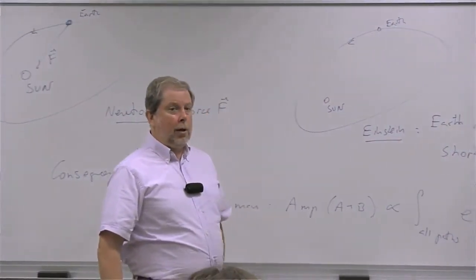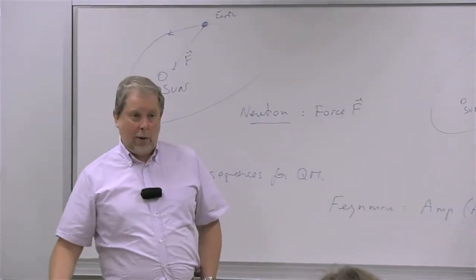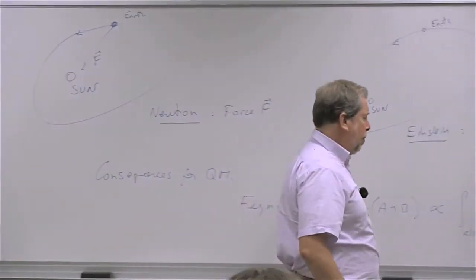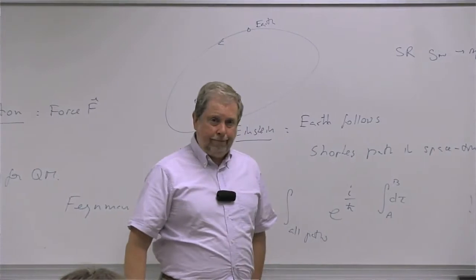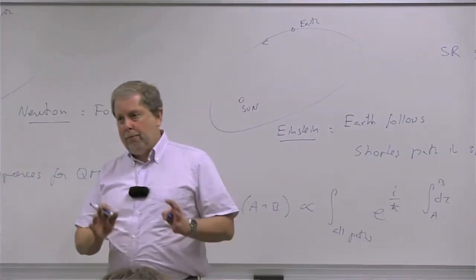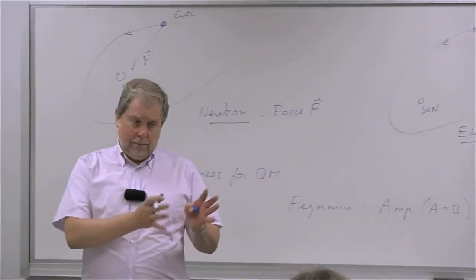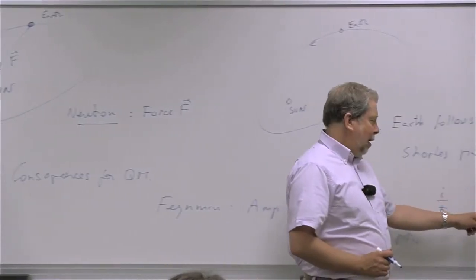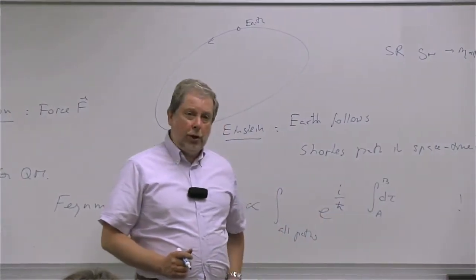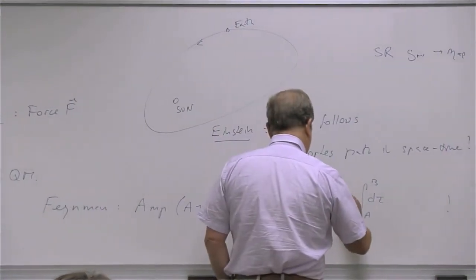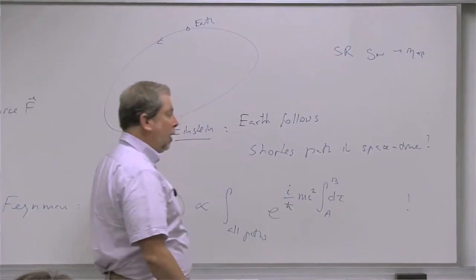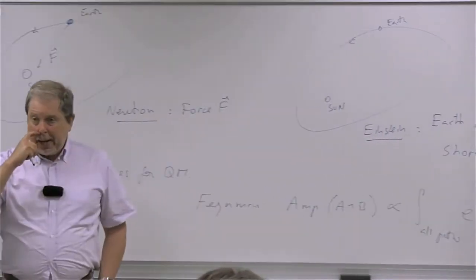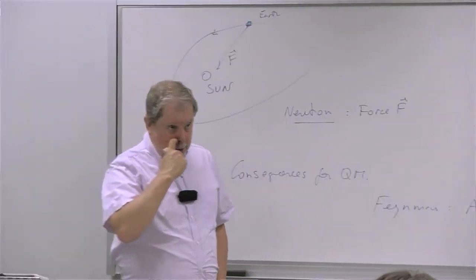Of course, the dimensions are not quite right, because what should appear in the exponent is an action, which is usually the Lagrangian times time integral, or in other words, an energy times a time. Here we certainly have a time, but we're missing an energy. So the correct coefficient is mc squared, and that now has the correct dimensions.